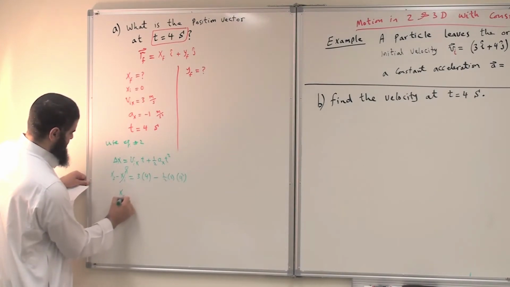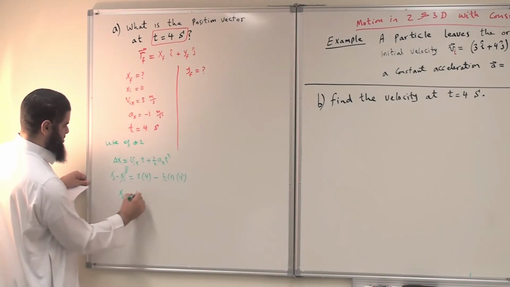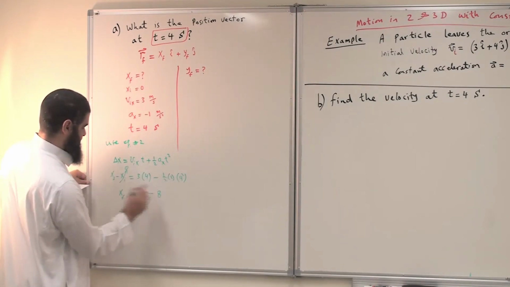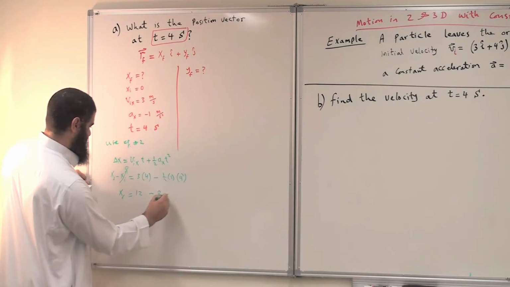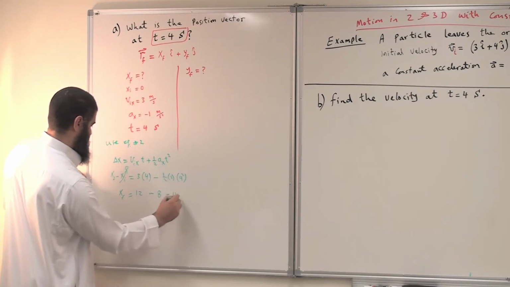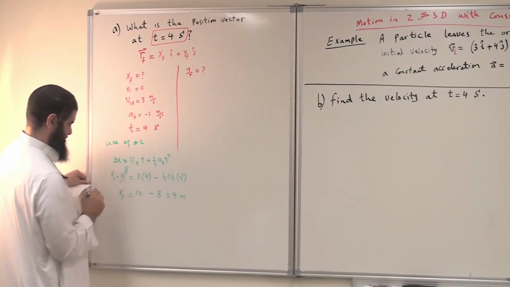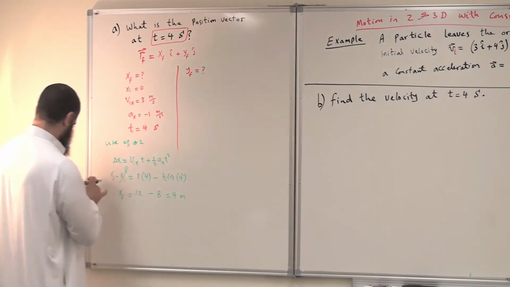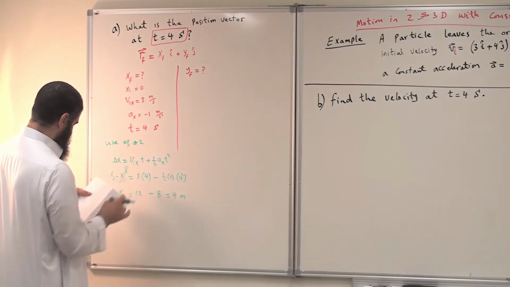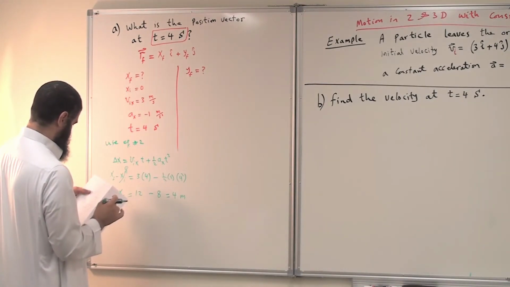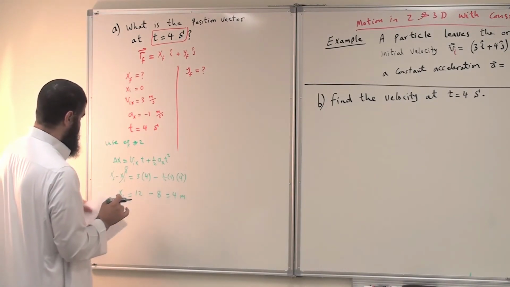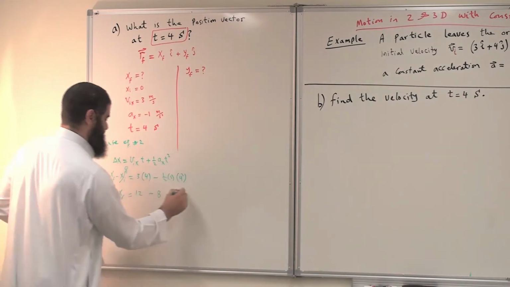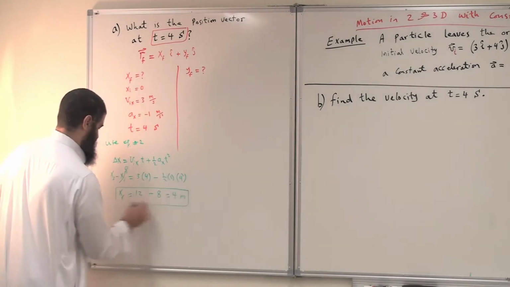So I am left with x final equals 12 minus half of 16, which is 8, and this will be 4 meters. So it is 12 minus 4 meters. This is the final x. The acceleration is -1, it's okay. So this is x final.